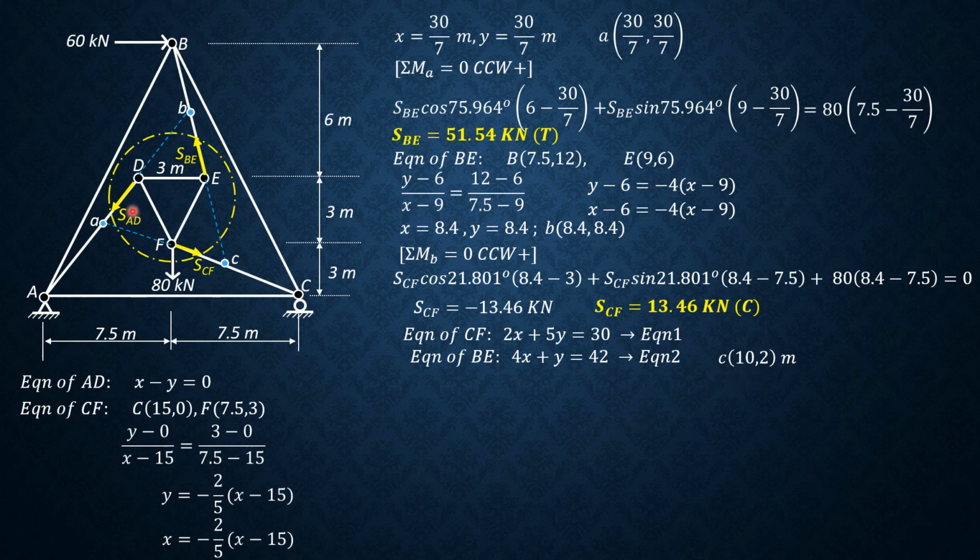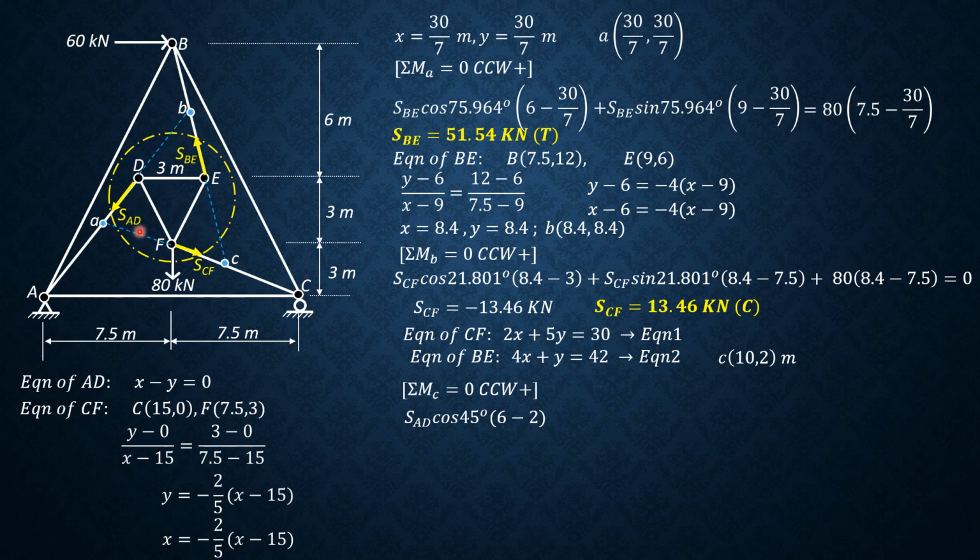So therefore, we can now solve SAD, summation moment about C equals 0, counterclockwise positive. The horizontal component is SAD cosine 45, and the moment arm is 6 minus 2, because y is 2. So 4 meters. So SAD cosine of 45 times 6 minus 2. The vertical component is also counterclockwise.